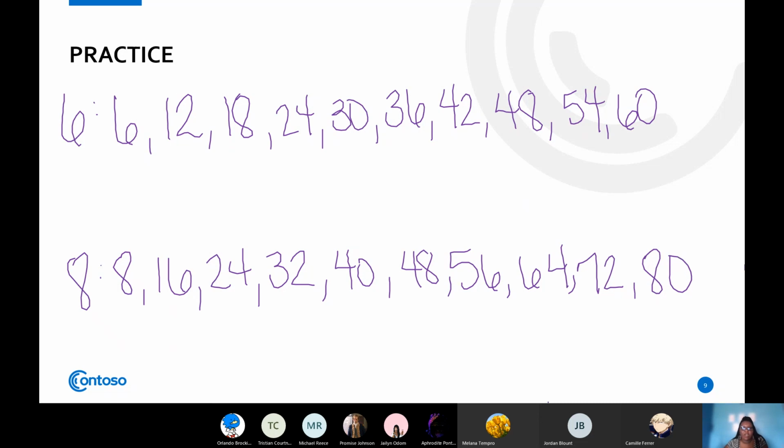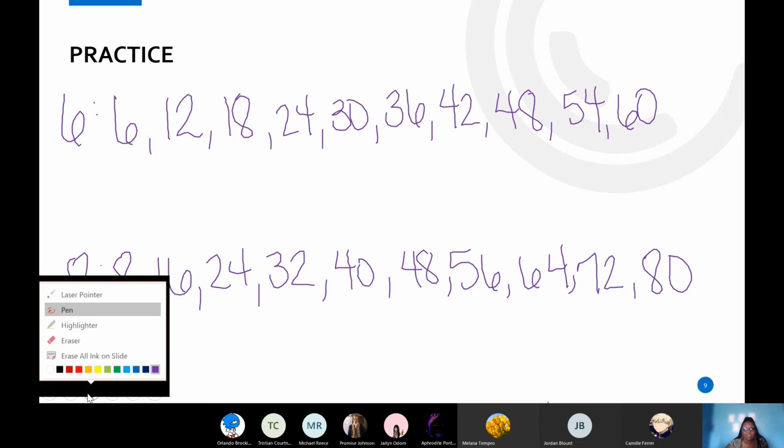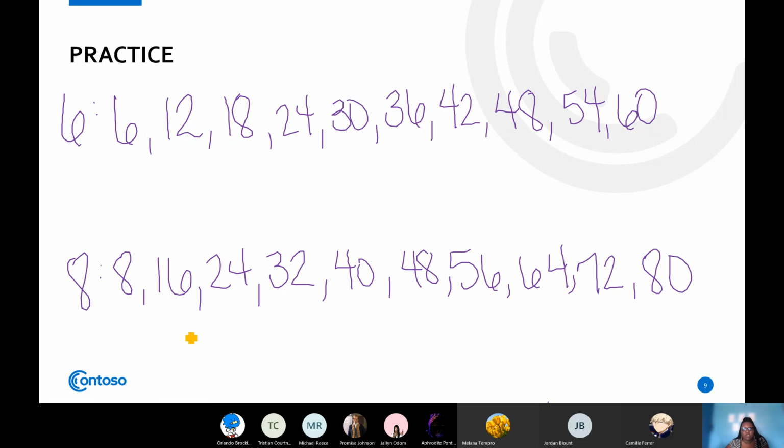Okay, so we should have our multiples listed. That's step 1. Step 2, now let's find what multiples they have in common.